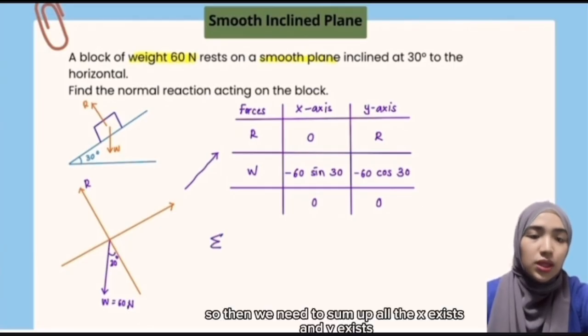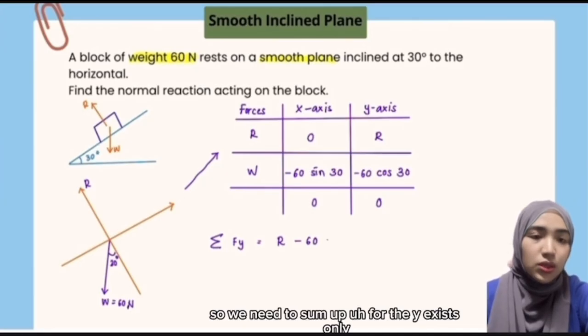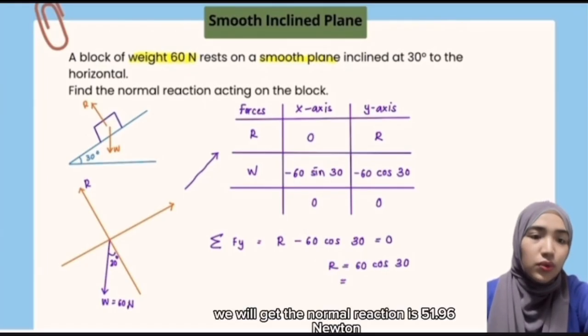Then we sum up the x-axis and y-axis. But for this question, we just need to find the normal, so we sum up the y-axis only. We will get the normal reaction as 51.96 Newton.